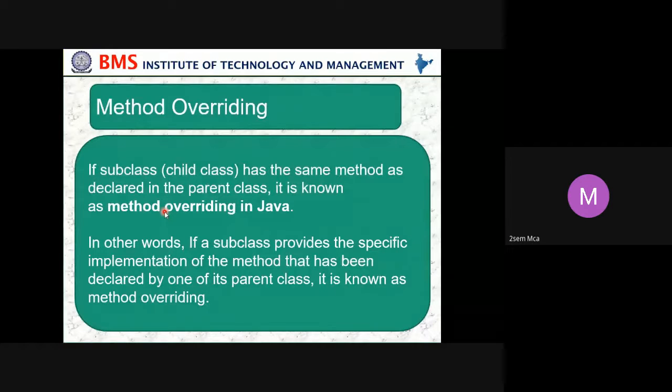Yes, correct. So what we say, method overriding, if I'm repeating again, if a subclass, that is child class, has the same method as declared in the parent class, it is known as method overriding in Java. In other words, if a subclass provides a specific implementation of the method that has been declared by one of its parents, it is known as method overriding.